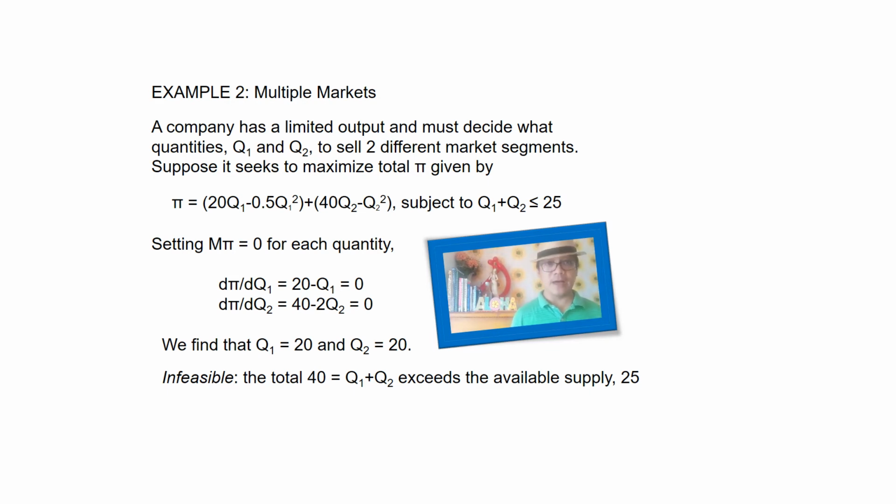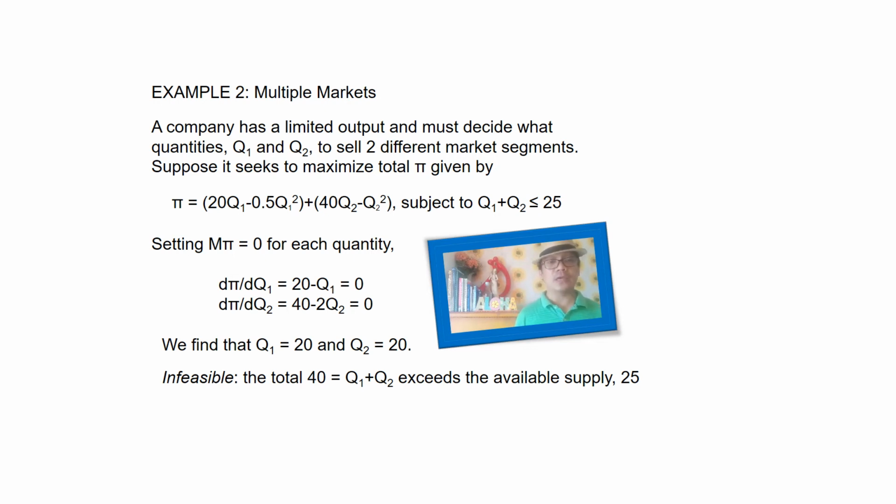Setting the marginal profit equal to 0 for each quantity, we have the derivative of the profit function with respect to Q1 equals 20 minus Q1 equals 0, and the derivative of the profit function with respect to Q2 equals 40 minus 2Q2 equals 0.